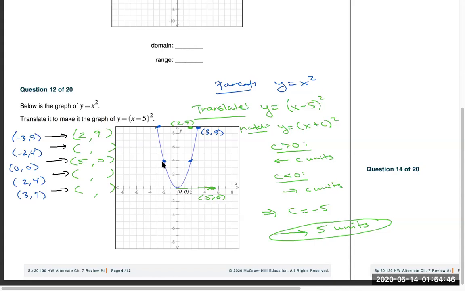I have -2, 4, so add 5 to my x value. I'm going to get 3 and keep the same y value. Let's take this point, 1, 2, 3, 4, 5. That should be a 4.